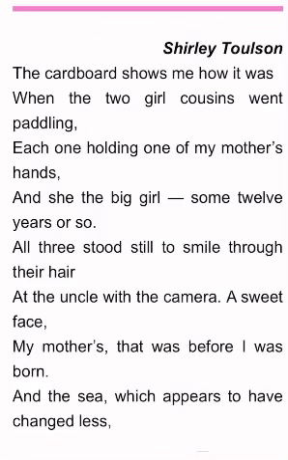The cardboard shows me how it was when the two girl cousins went paddling. Here cardboard means photograph. It shows how the two female cousins were paddling, and paddling means to walk about in shallow water in the sea. Each one holding one of my mother's hands, and she is a big girl, some twelve years or so.